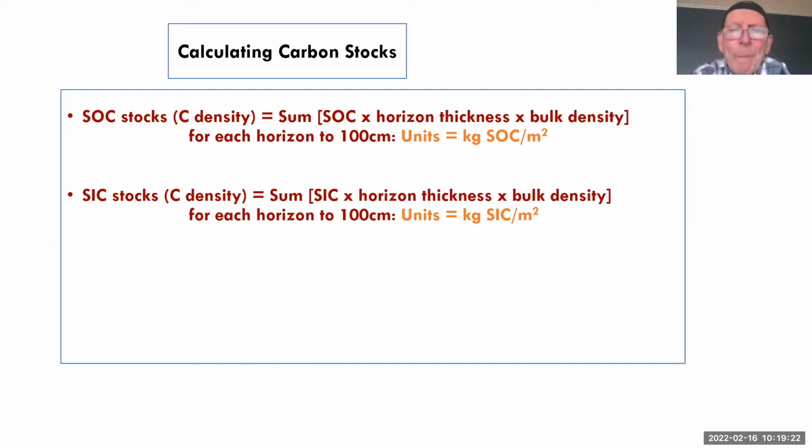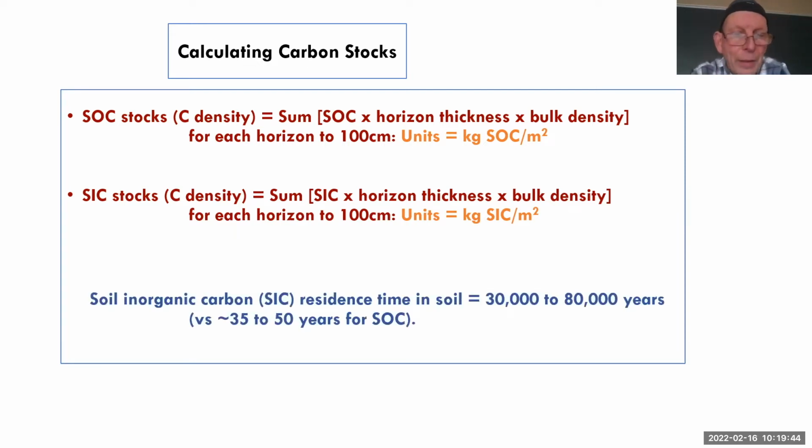Okay, so in doing your sampling, you have to sample for soil organic carbon for each horizon. You also have to get the bulk density. So you can calculate in this way the soil organic carbon stocks, and you can calculate the soil inorganic carbon stocks, okay, in the same way.